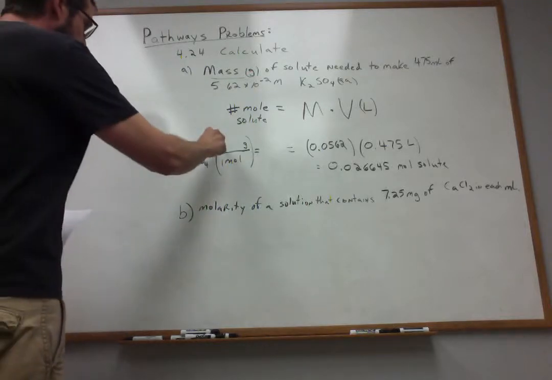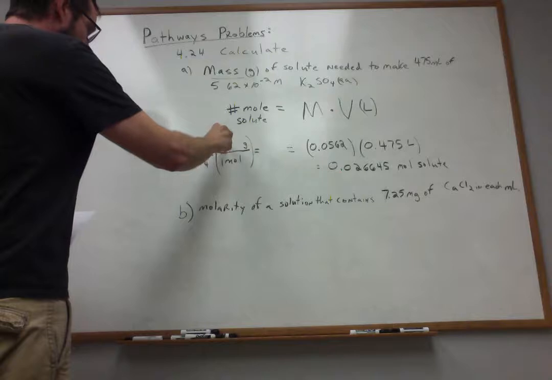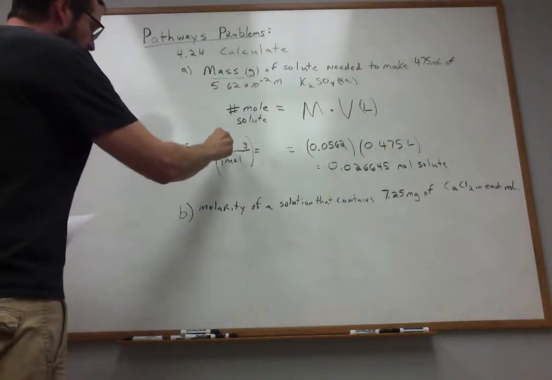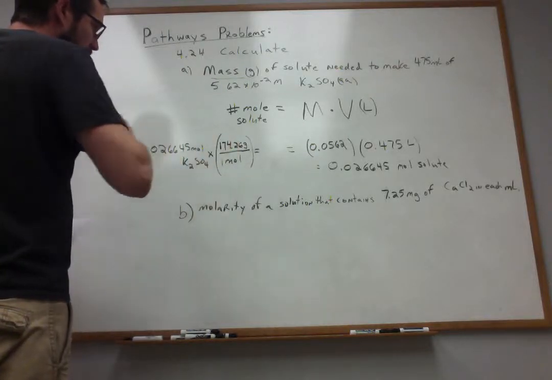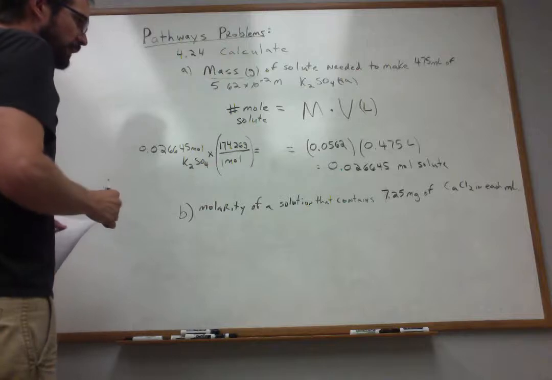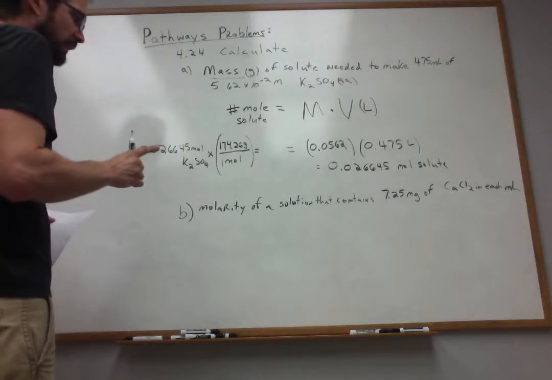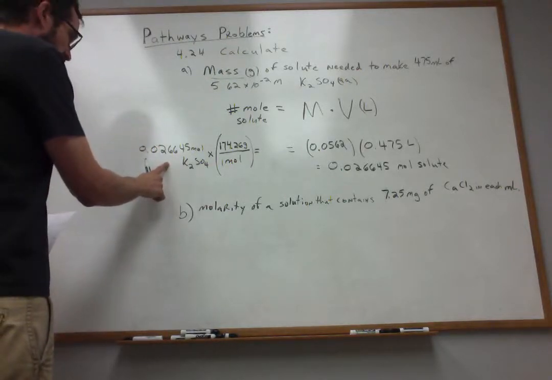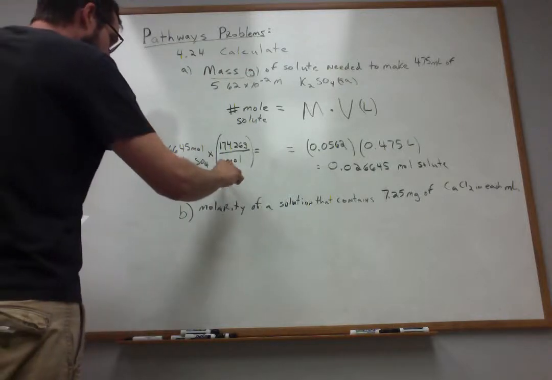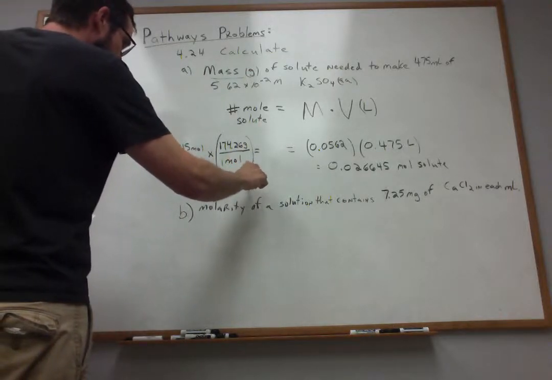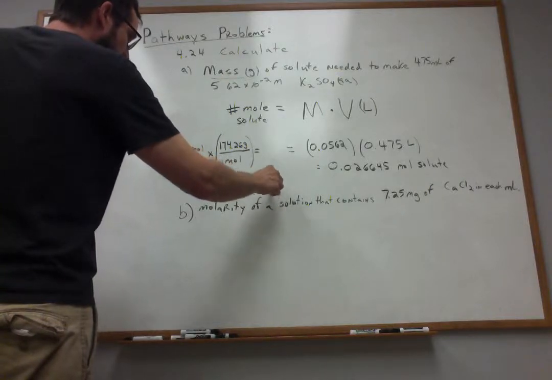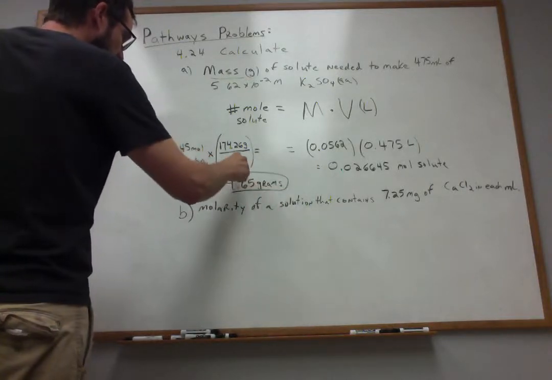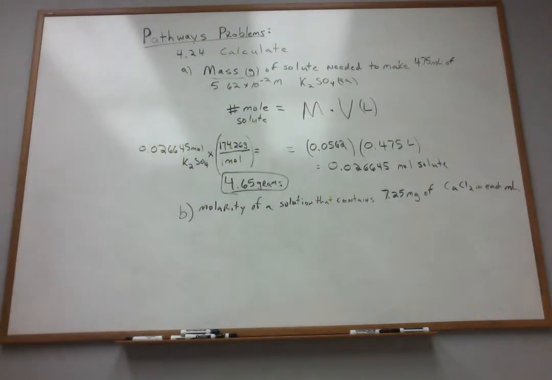If I look up the molar mass of K2SO4, I find that it's 174.26. I could, of course, also calculate that by adding up the parts from the periodic table. So I multiply 174.26, that's the molar mass of K2SO4, times the number of moles, and if I do that, I find that this solution requires 4.65 grams of solute, 4.65 grams of the K2SO4.